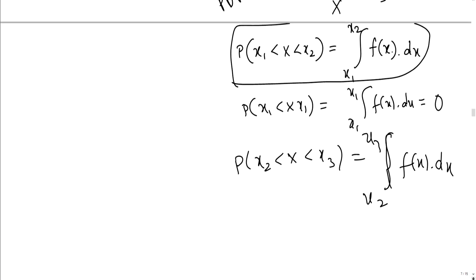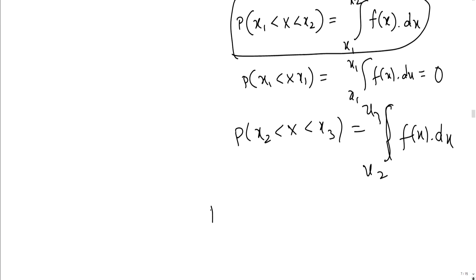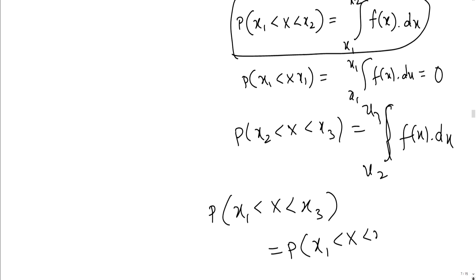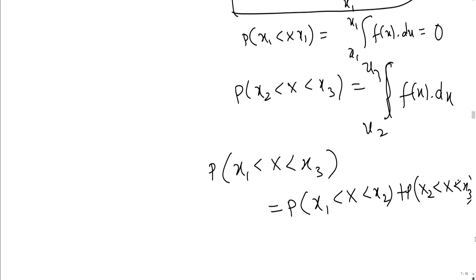So, if you apply the third axiom here, you can say that the probability of obtaining a reaction time between x1 and x3 is given by the probability of obtaining a reaction time between x1 and x2 plus the probability of obtaining a reaction time between x2 and x3, because these two events are mutually exclusive, right.